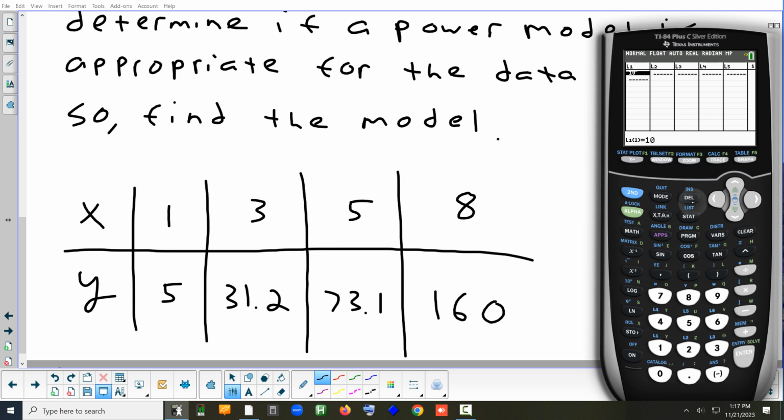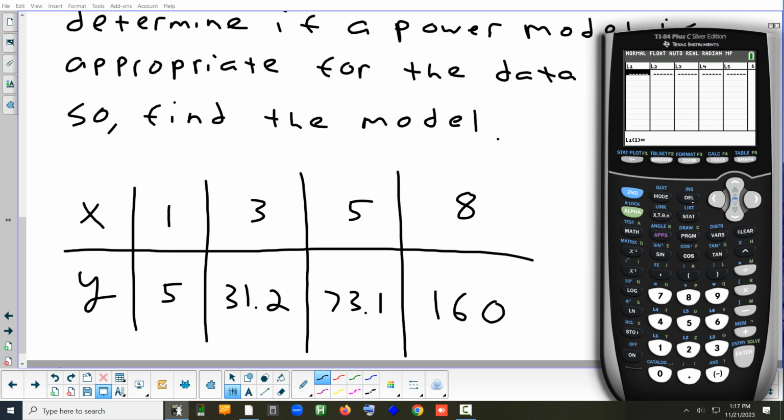That'll get rid of all the numbers. How do you get there from the start? Stat and then edit. Everyone else got there okay?